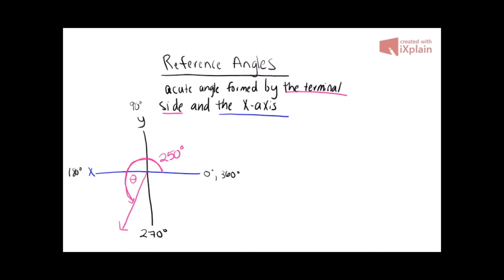So we have to figure out how much past 180. So we're essentially eliminating 180 and only looking at this angle here that's left. So we can take our 250 minus 180 to get our reference angle of 70 degrees.